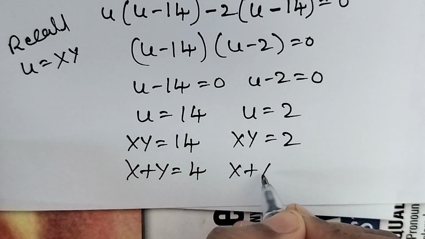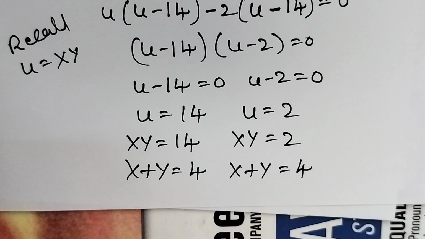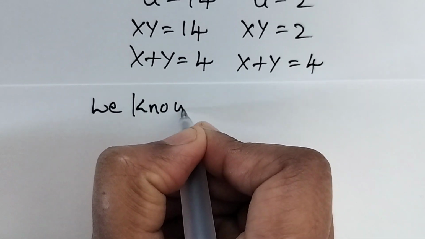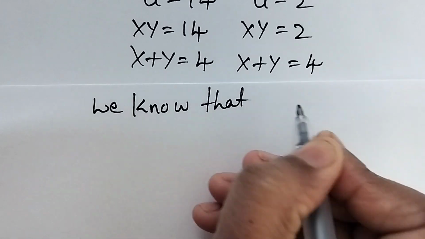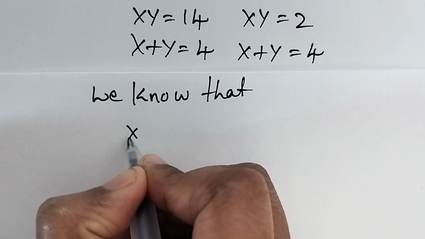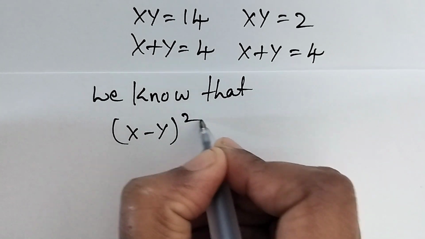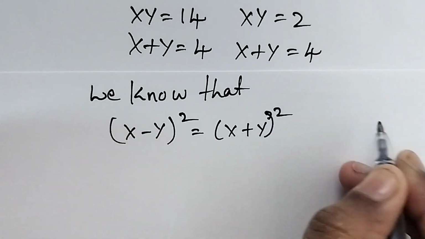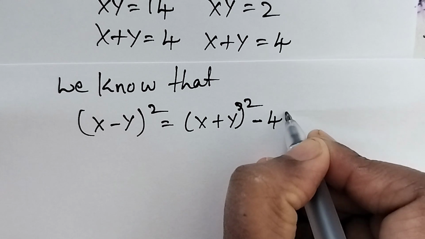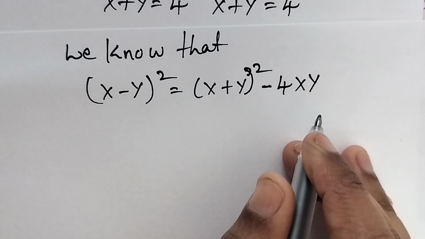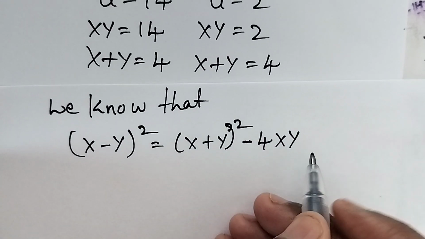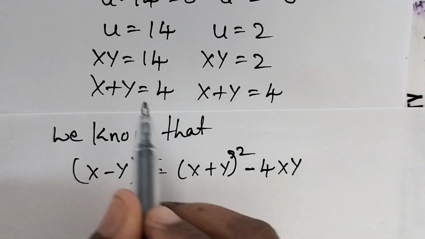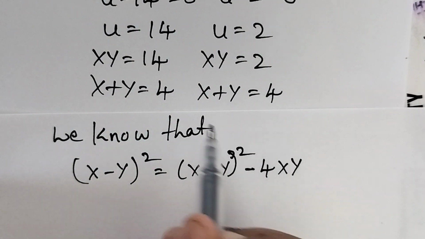We also know that x minus y whole to the power of 2 is equal to x plus y whole to the power of 2 minus 4xy. So we know this value of x plus y, and we know this value of xy.